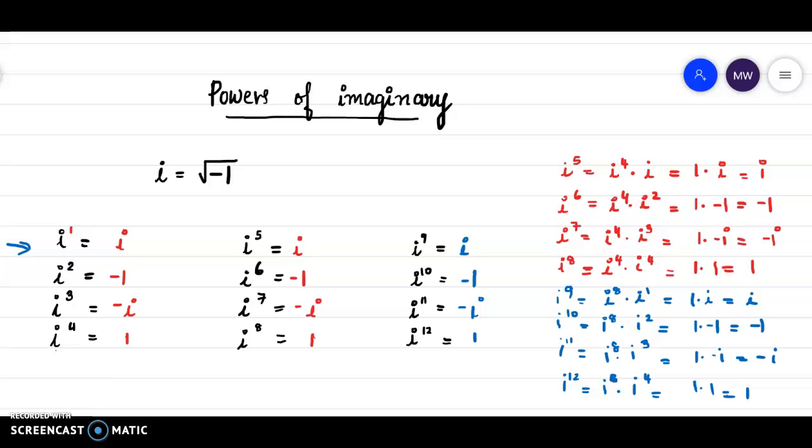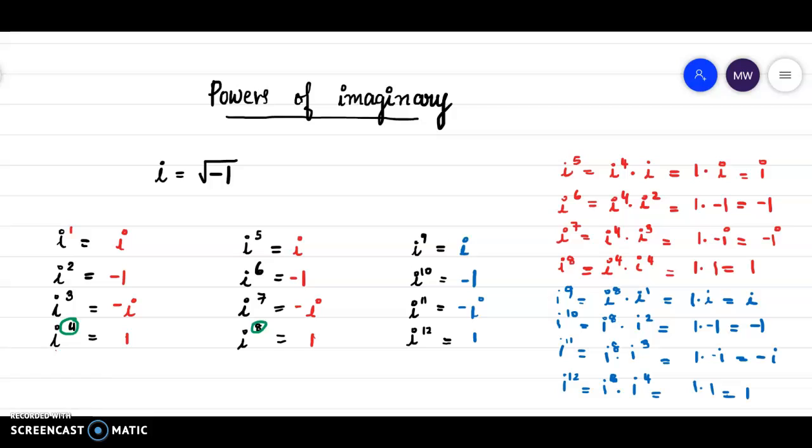When there is a pattern for the answers, we can always make a conclusion and make a rule out of it. If you check the exponents, let's start from the last row here. All those numbers, the exponents, are multiples of 4.